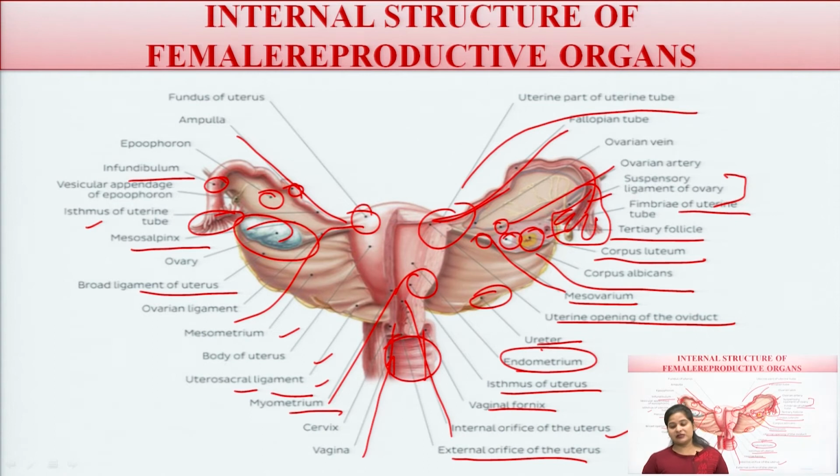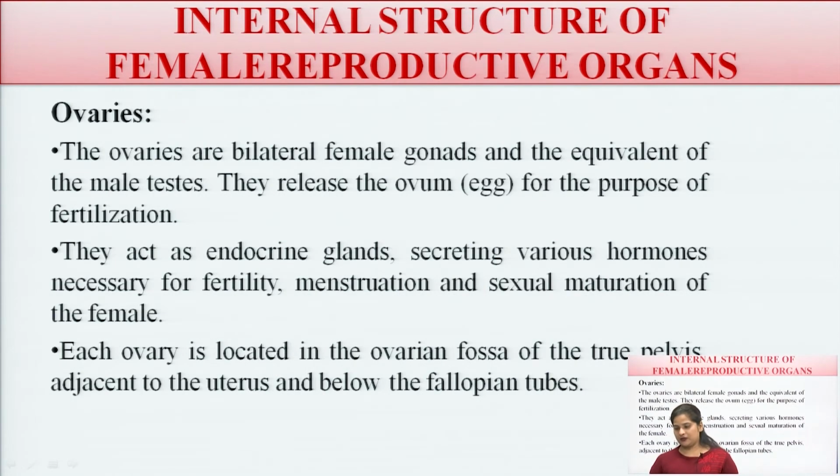This is the structure of the internal female reproductive organs. So first are the ovaries.